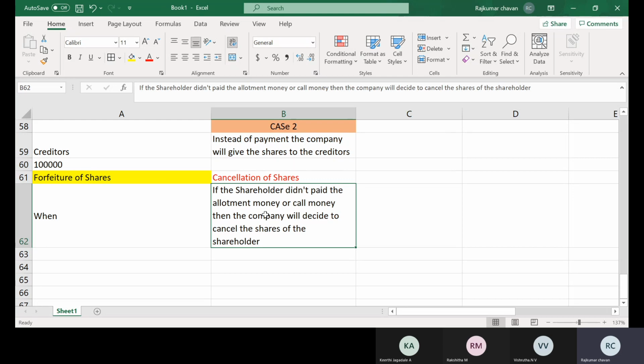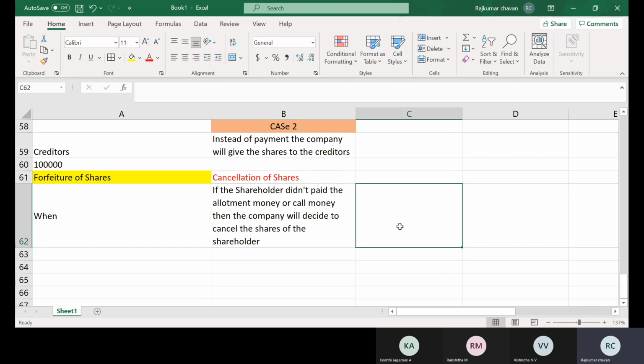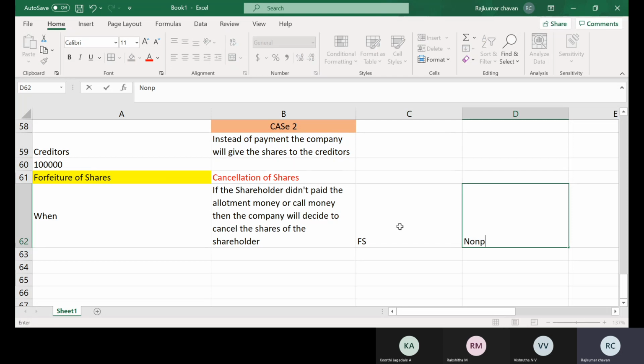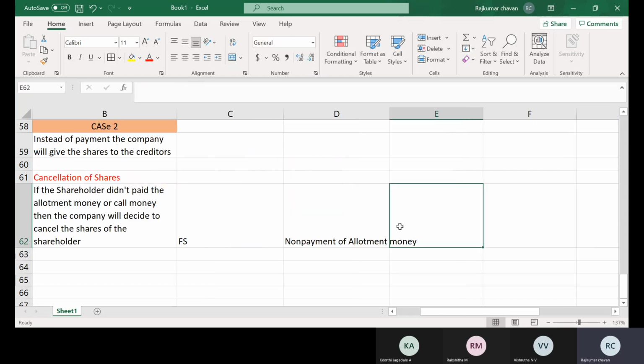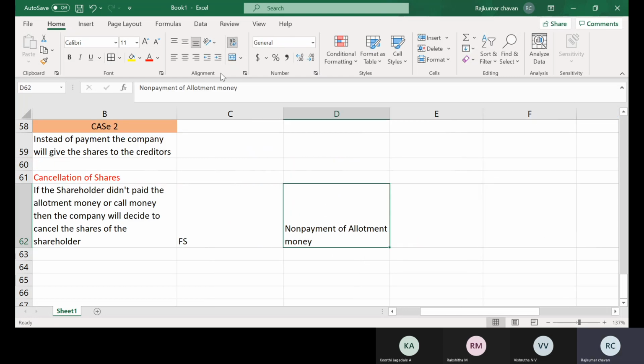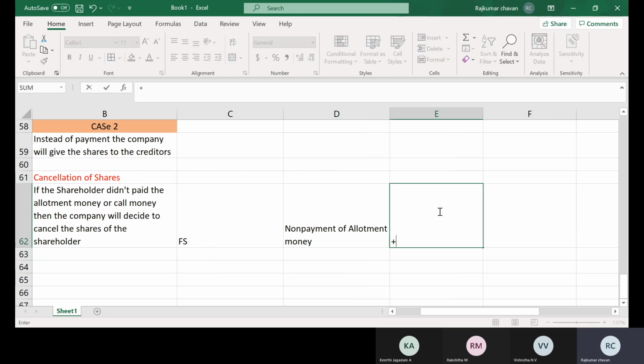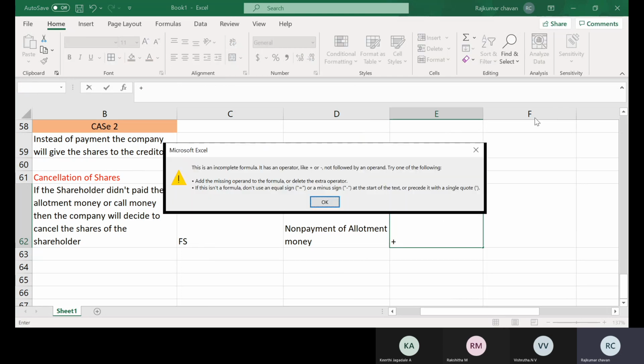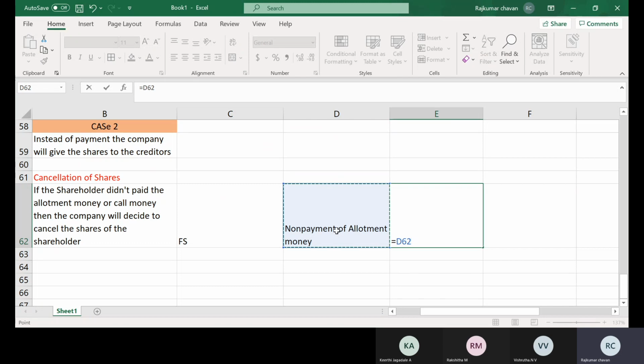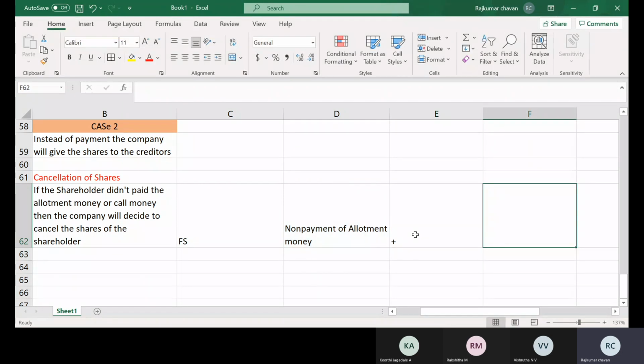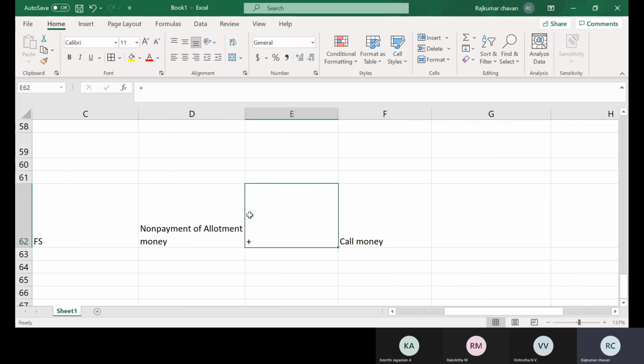So what is forfeiture of shares? Simple meaning: non-payment of which money? Non-payment of allotment money, or sometimes along with allotment money, if he has not paid even the call money also, then what will we do? We will do the forfeiture of shares.